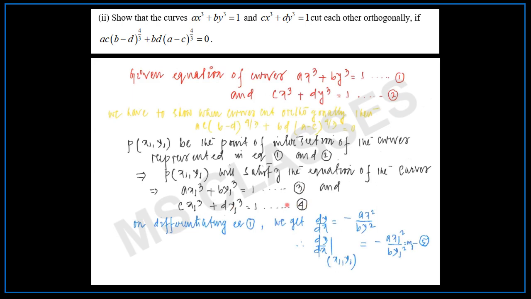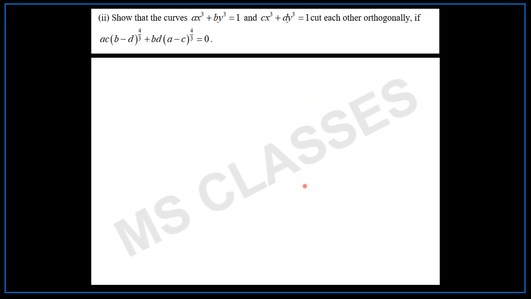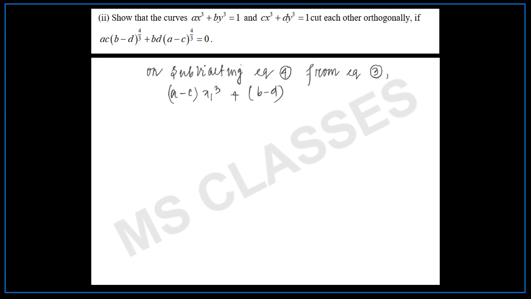If we subtract equation 4 from equation 3, we get (a minus c) into x1 cube plus (b minus d) into y1 cube equal to 0.